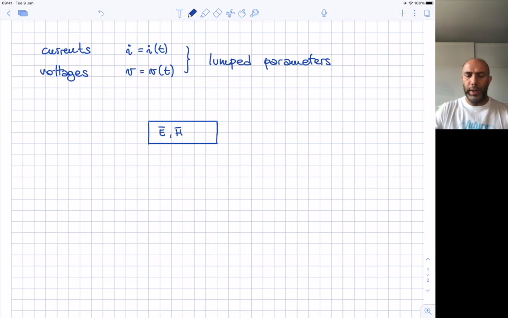The only thing that we can see from the outside is that this component is talking, generally speaking, with the outside using the so-called terminals. So this is the electric component.